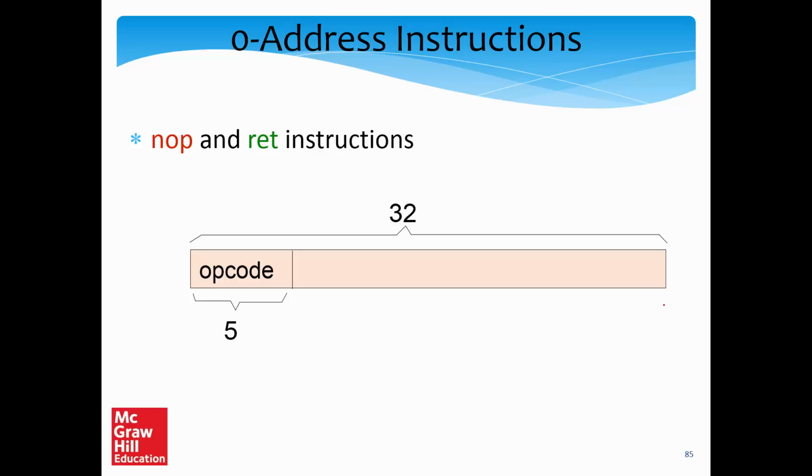Since they don't take any arguments, their encoding is very simple. They will only have the 5-bit opcode, and the remaining 27 bits are useless, so they need not be used. All that we require is the 5-bit opcode, which is in the most significant position. These are our zero address instructions.